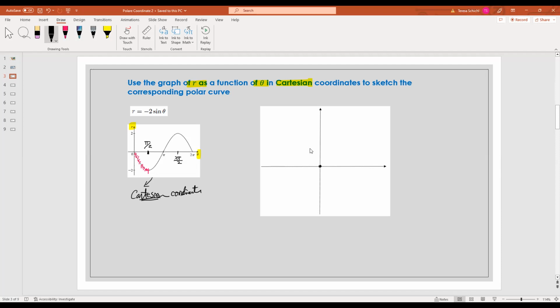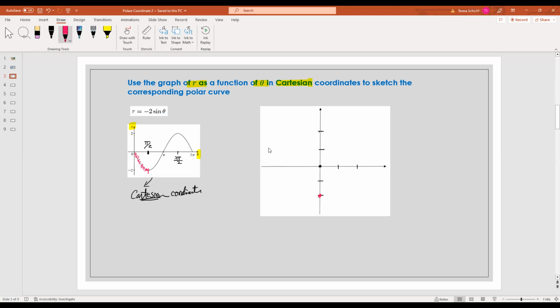Then at pi over 2, let's put 1, 2. At pi over 2 the value is -2, right? Pi over 2 means you swing to here, but it's -2. So it will be this point here.